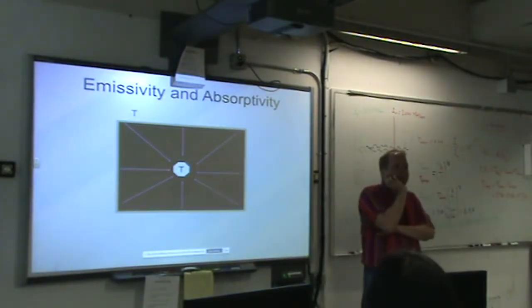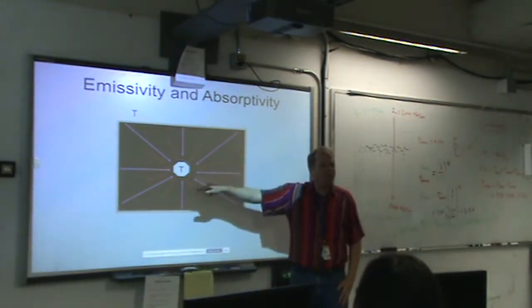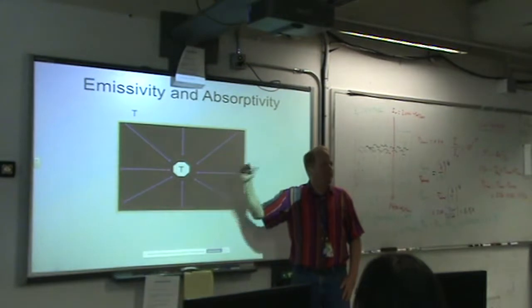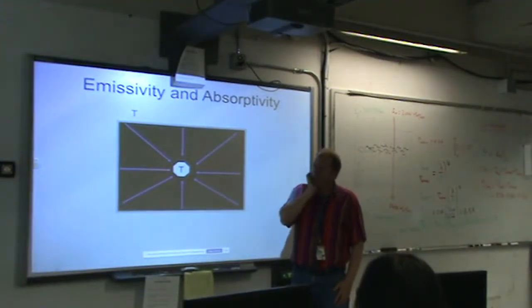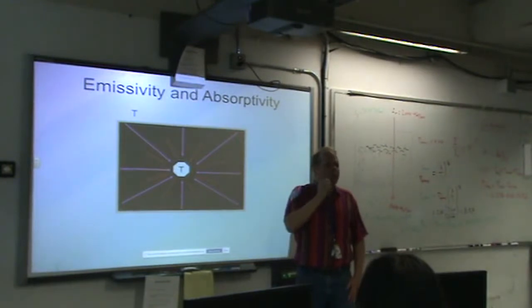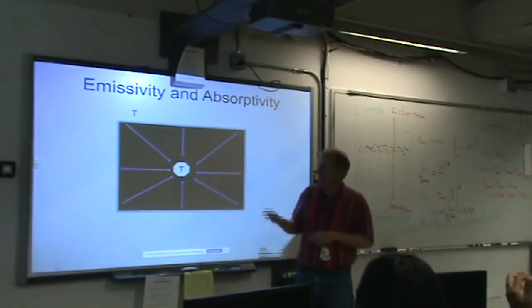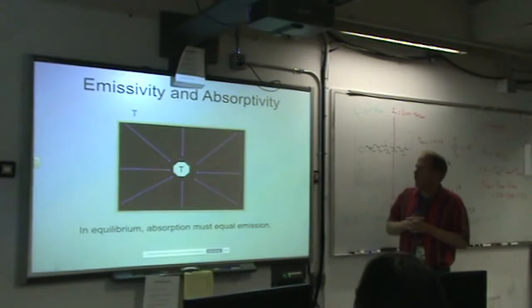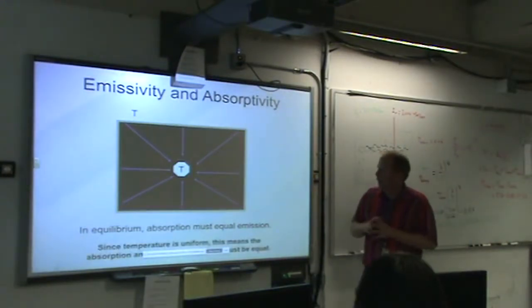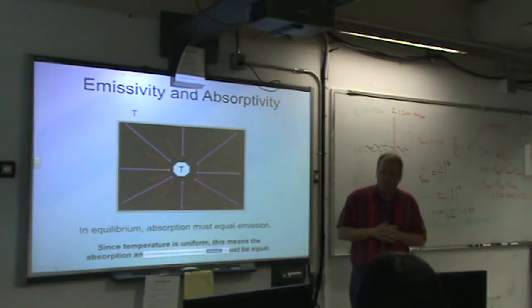So that means that at least at equilibrium, this object absorbs as efficiently as it emits. Which means that the absorption and the emission coefficients must be the same because they're at the same temperature. Everything's at the same temperature. So, in equilibrium, absorption must equal emission. So this means that the absorption and emission coefficients must be equal.